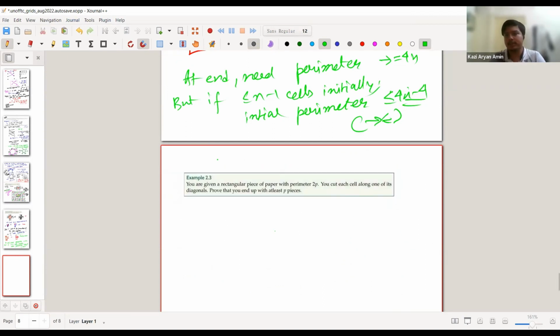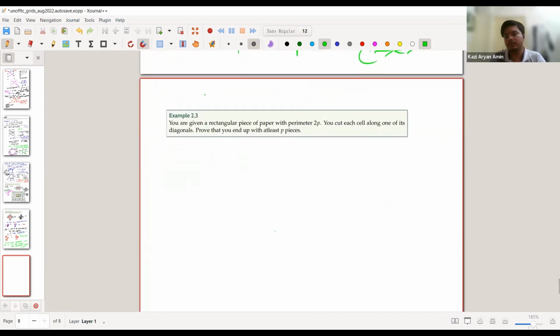Yeah, so this is the next problem. So try to understand the problem and maybe take a look at it for a minute or two. I'll then tell you about the solution.